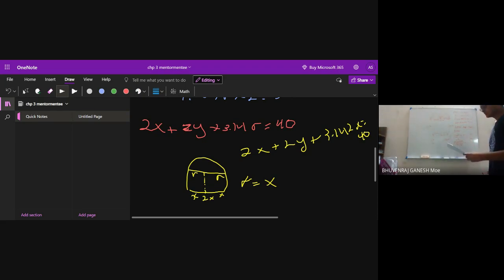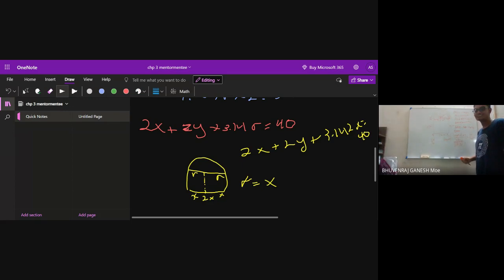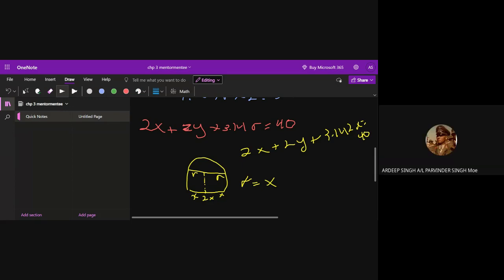And then, what do you think is the angle of this semicircle? Aldeep? Angle 90 degrees? Why are you saying more bigger?